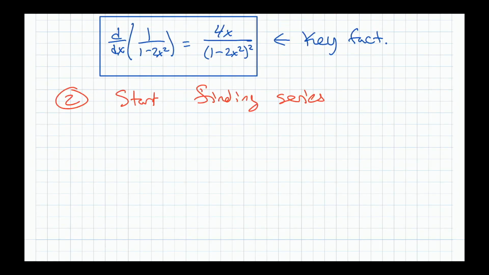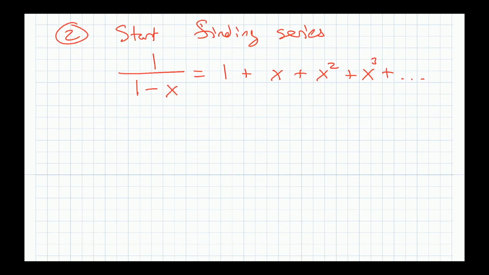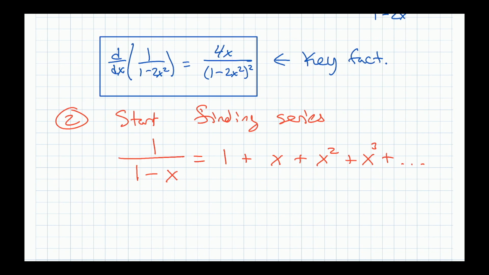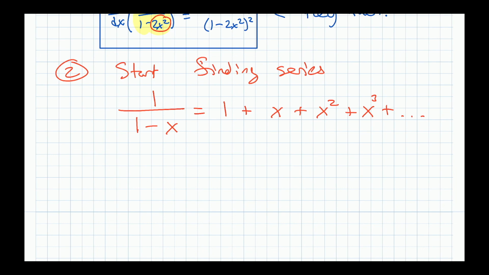So you're going to start here. 1 over 1 minus x is this series: 1 plus x plus x squared plus x cubed plus dot dot dot. Okay? So that's where we're starting. Now what we're going to do is make this series first. How are we going to do that? You're going to take this 2x squared and put it in for x.